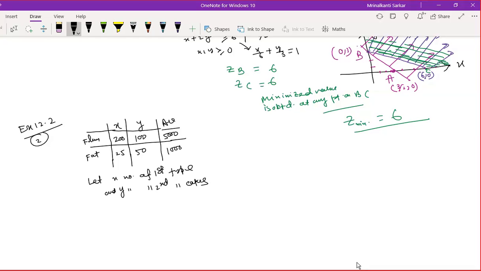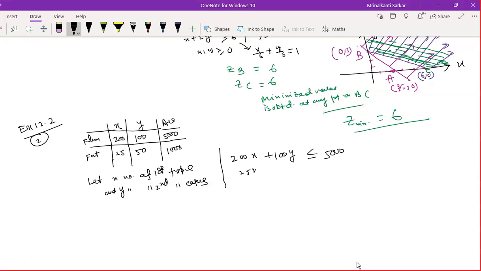So the condition is, this is maximum availability, no? In flour, if you have made x number, then flour required is 200x. All of you agree with me? For the second one, if each cake requires 100 grams, for y number of cakes it requires 100y. So 200x plus 100y is less than or equal to 5000, because more than this is not available.